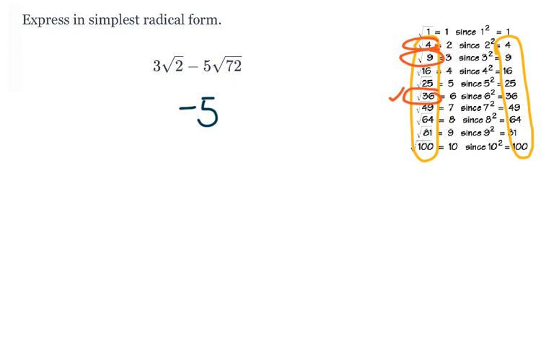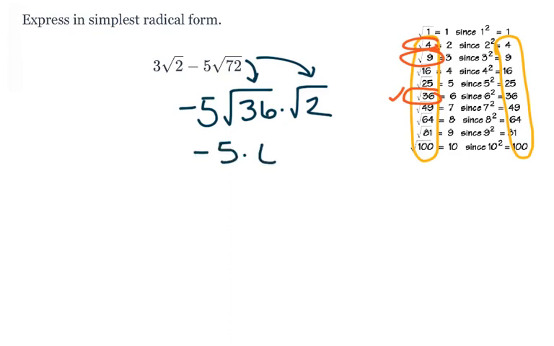All right. So I'm going to break that out into 36 and 2. Okay. So 72, we're just breaking that up into 36 and root 2. All right. So the square root of 36 is 6. Comes out of the radical. Root 2 stays inside.